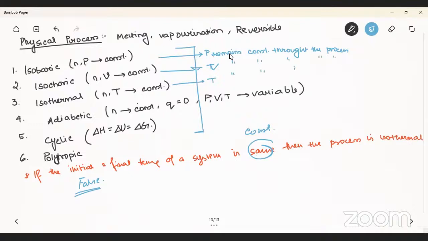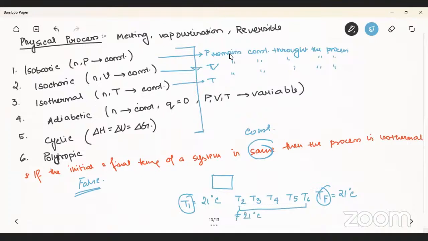And I told you, suppose this is a system, and T1 of the system is the initial temperature, 21 degrees Celsius. And T final of the system is also 21 degrees Celsius. Now there are T2, T3, T4, T5, T6 between the initial and final temperature. Suppose there are this many temperatures, but these are not 21 degrees Celsius.